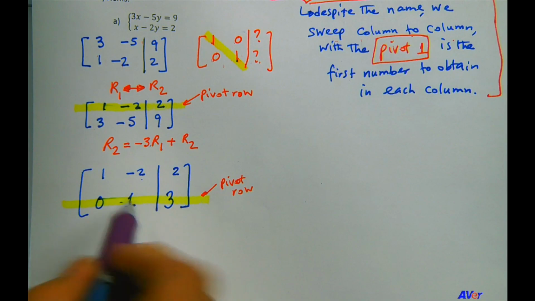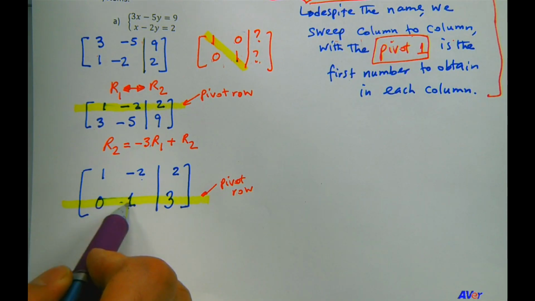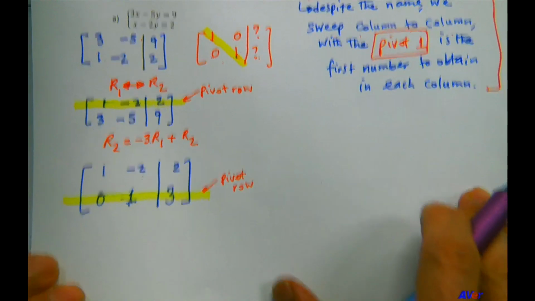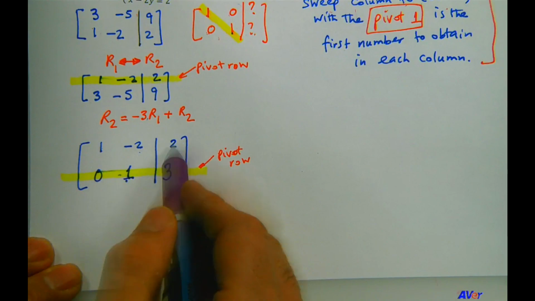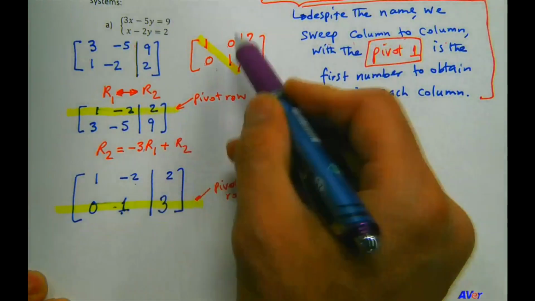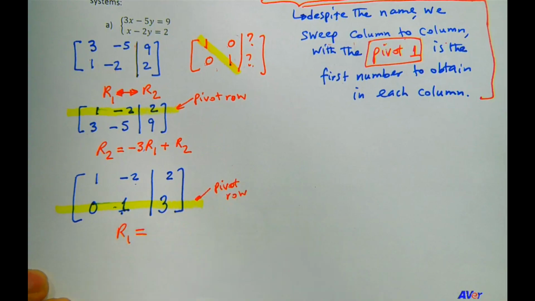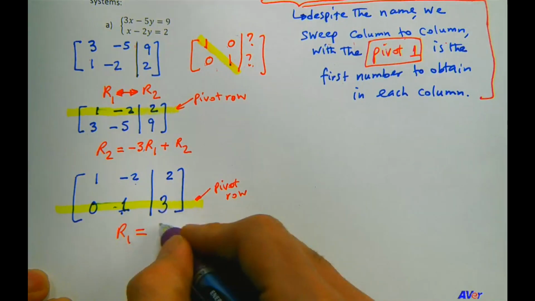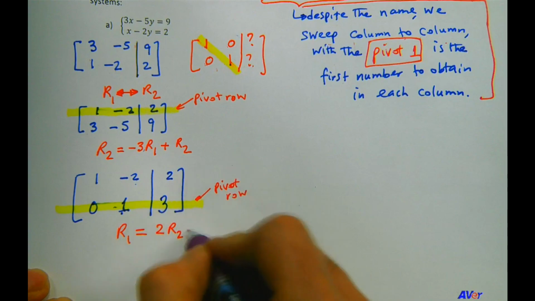All we need is to multiply this row by positive 2, which gives us a positive 2 in this spot, and then add it to the first row to change it. Let's write down that row operation. As we change this minus 2 to 0, we are changing row 1. So row 1 is equal to 2 times row 2, which is now the pivot row, plus row 1.